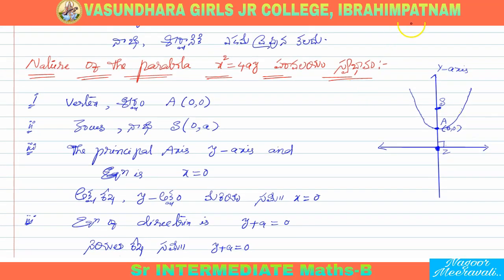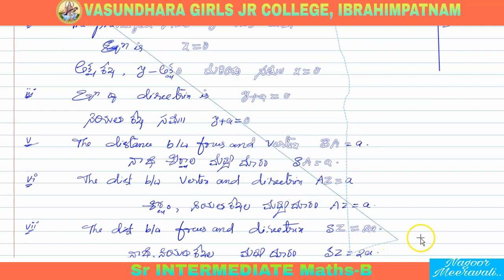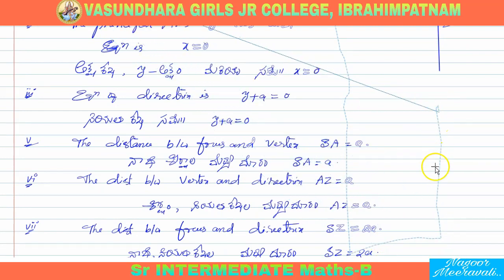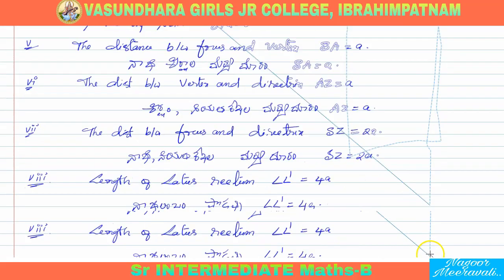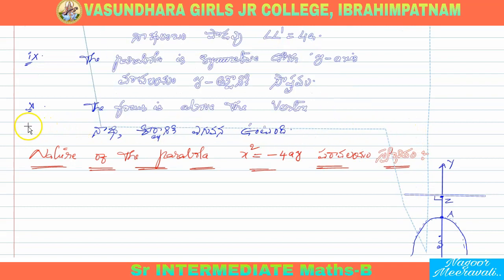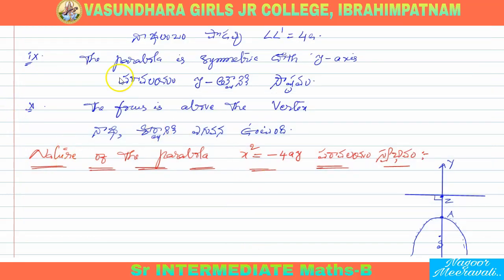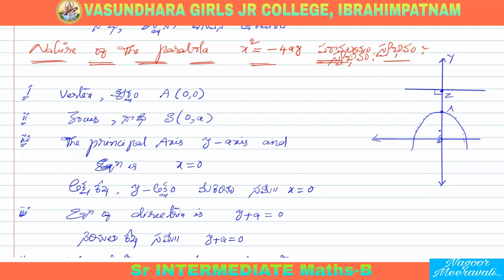That means you have to write all the properties of the x square is equal to 4ay parabola, just writing the a value as minus a. So they are the properties of y square is equal to 4ax.